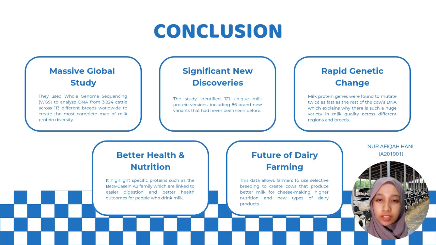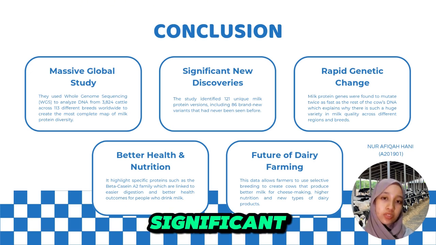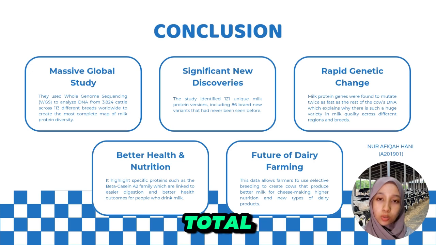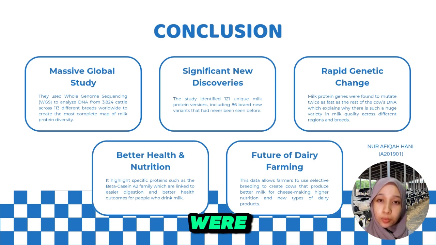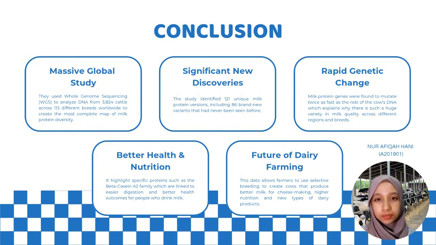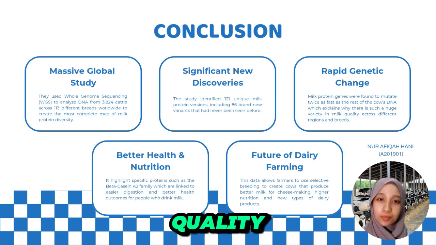And because they used advanced tech, they made some significant new discoveries. They found a total of 121 unique versions of milk proteins. And what's really cool about this is that 86 of these were brand new variants that had never been reported before. And it turns out that milk protein genes actually mutate nearly twice as fast as the rest of the cow's DNA. So this explains why there is such a huge variety in milk quality depending on where the cow is from.